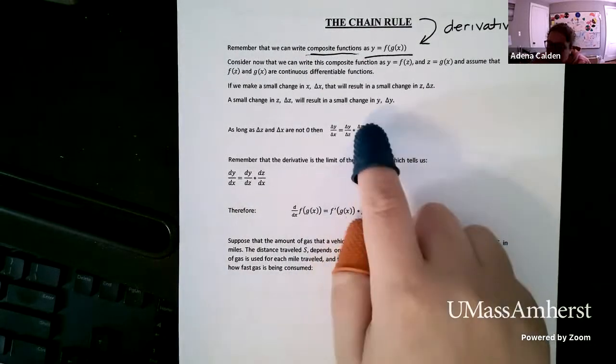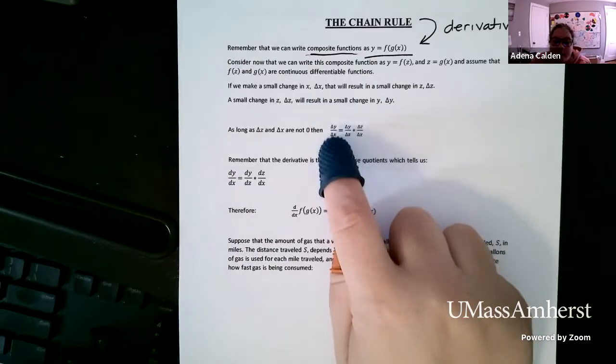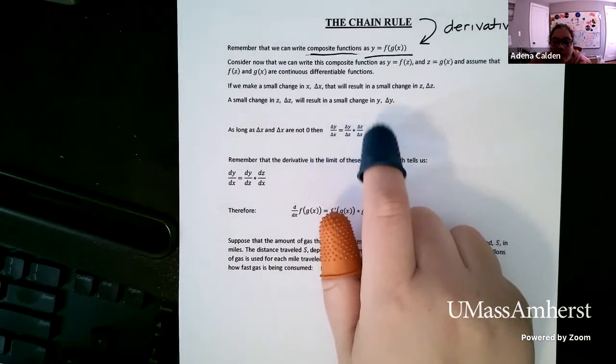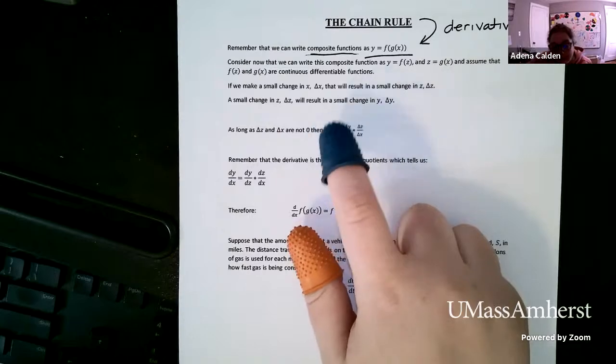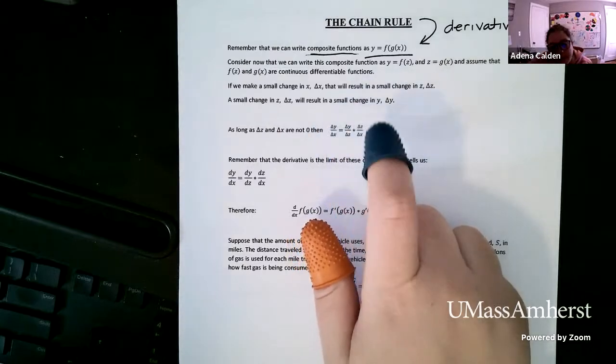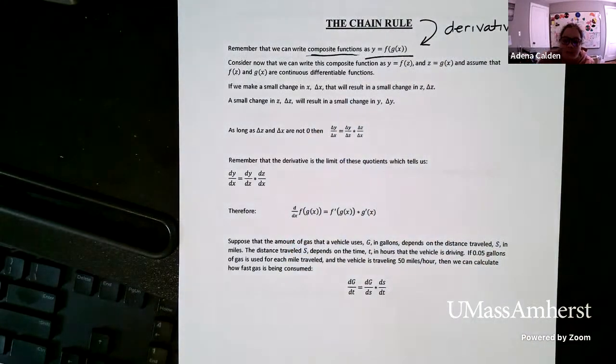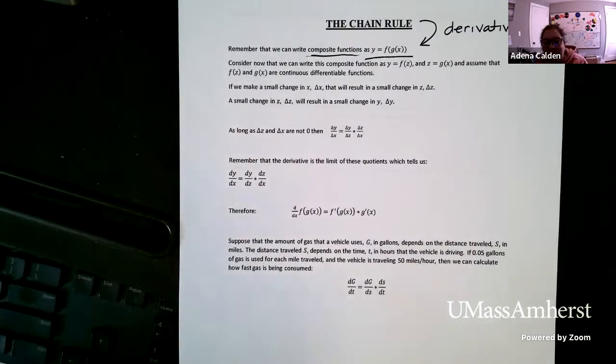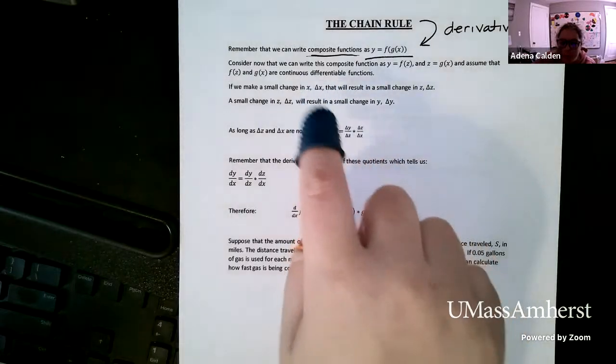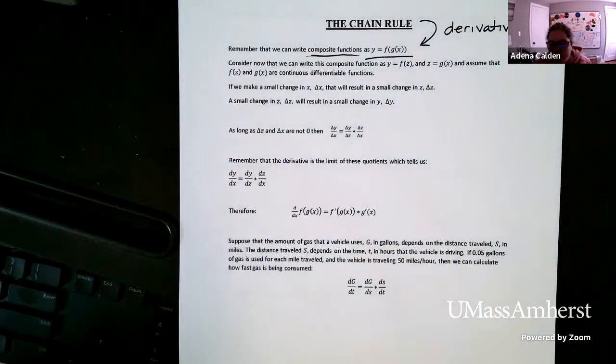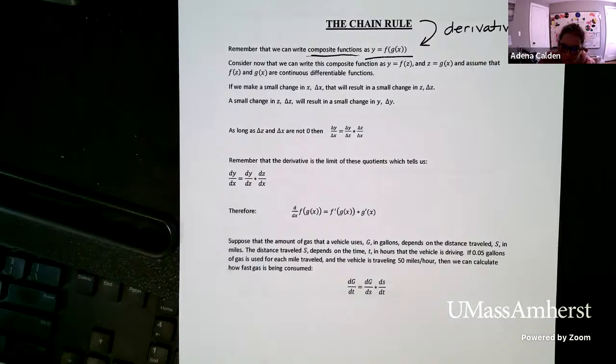If we think about these small changes in ratios, that is what we were doing when we were looking at things like secant lines. And when we let these small changes go to 0, that's when we got derivatives. This doesn't look like how we got derivatives because this is how Leibniz did it, and we did our work mostly Newtonian.